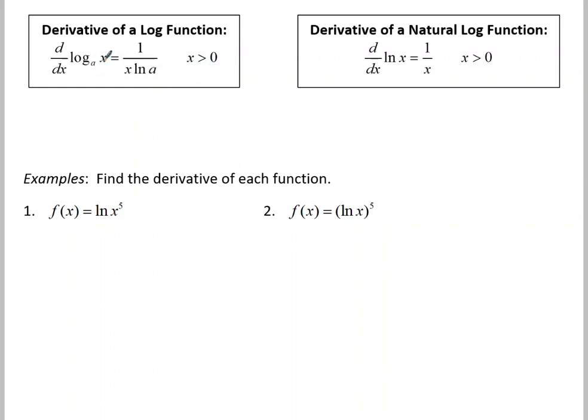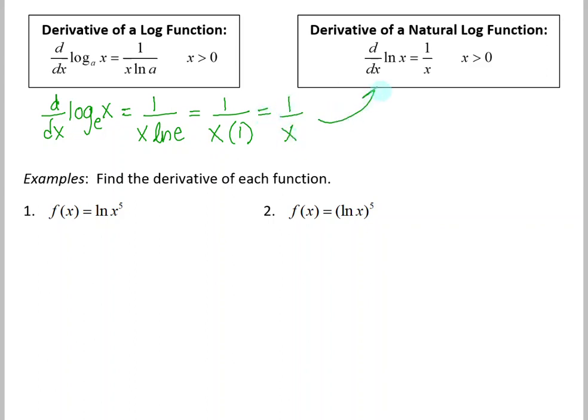Now, if we take the derivative of log base e of x, why log base e? Because that's the natural log function. That gives us 1 over x times natural log of e. Well, natural log of e is equal to 1, so of course this is just 1 over x.